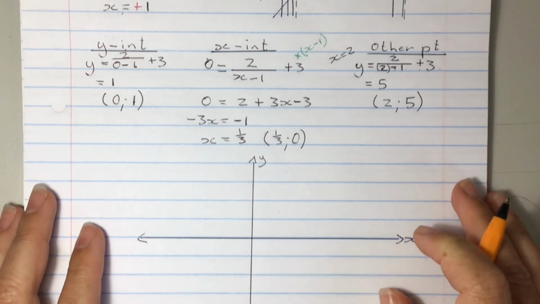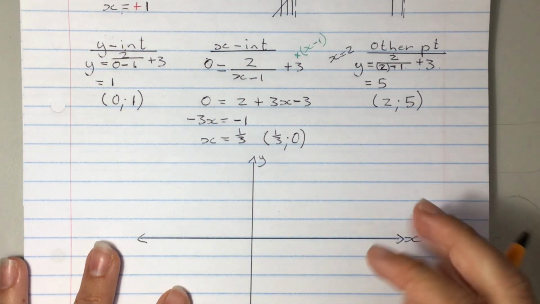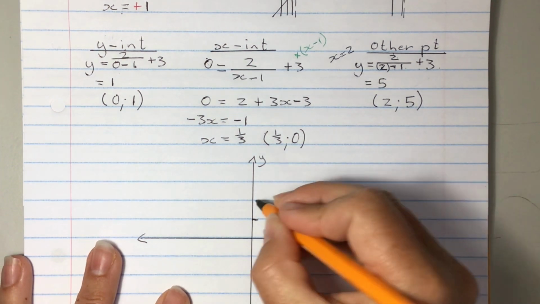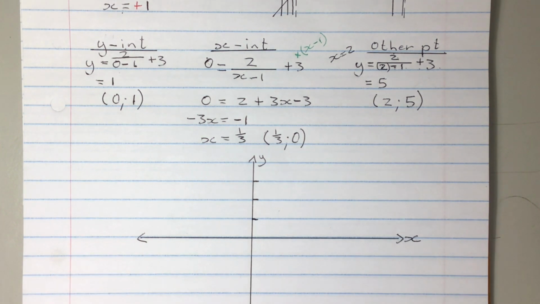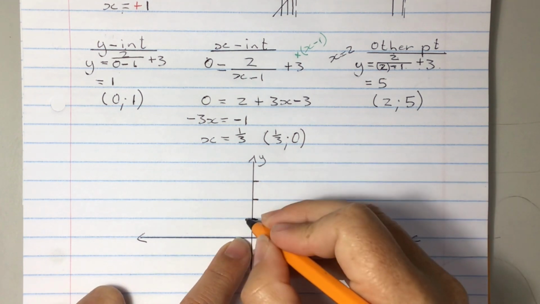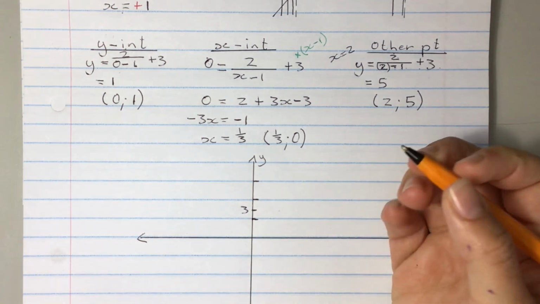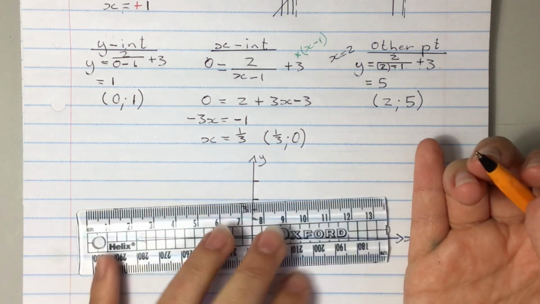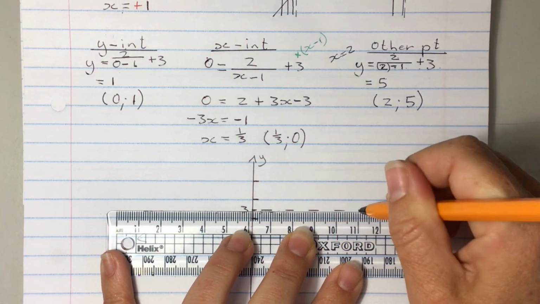Next I go to my asymptotes, so y is equal to 3. 1, 2, 3, and already I can see I'm going to come into trouble there. So let's go up in 2s. 2, so 3 will be over here. And so I'm going to draw my asymptote over there.